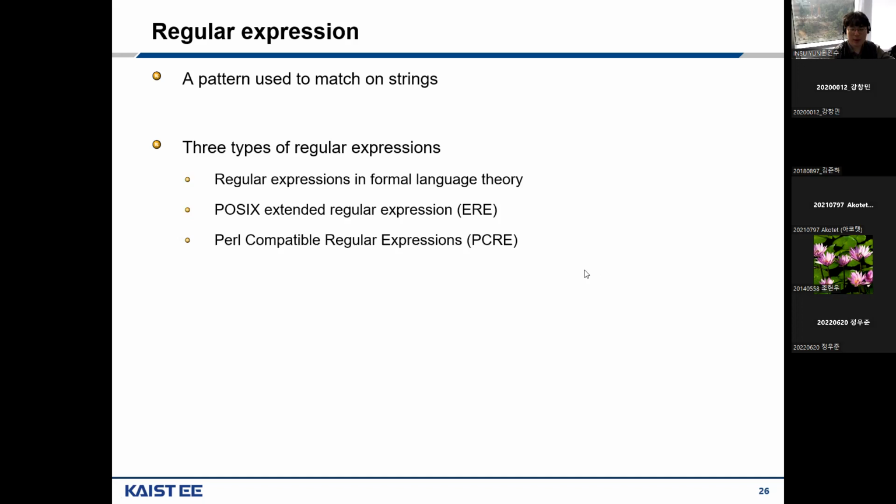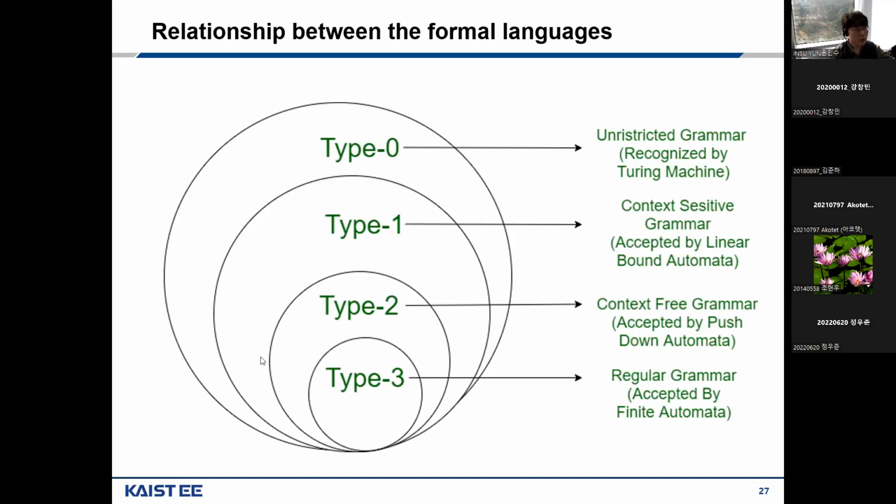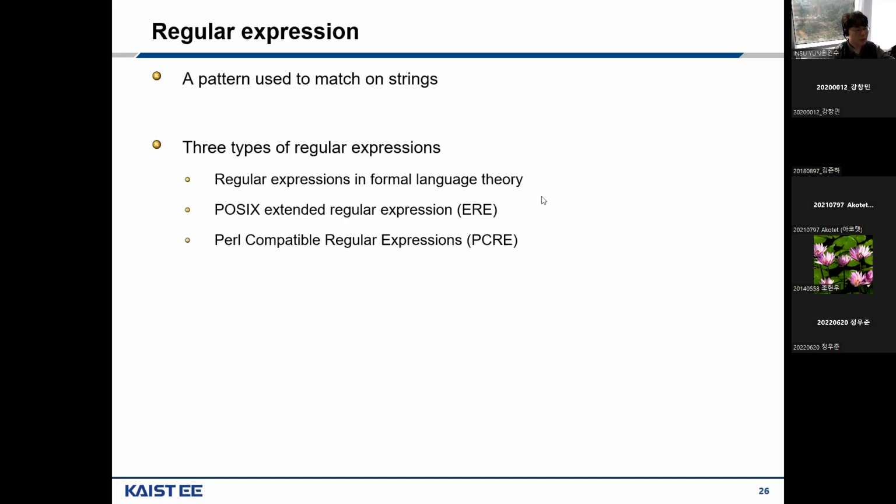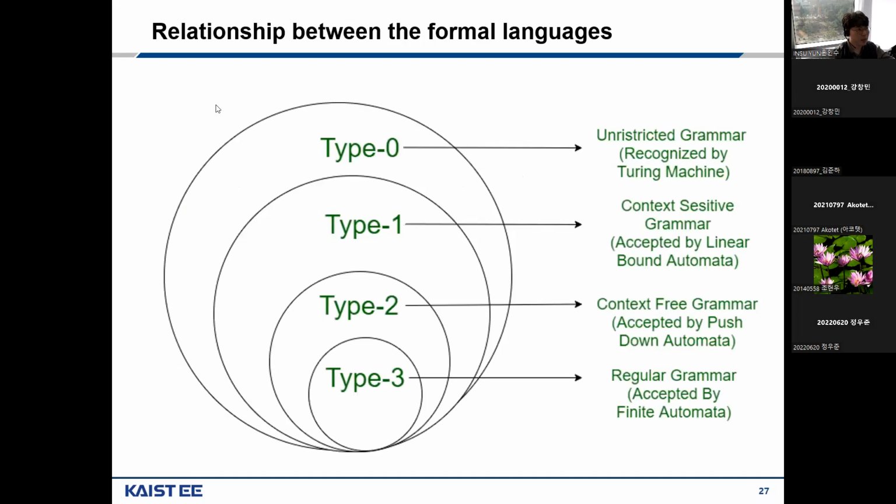When you write a program, normally we use this PCRE design. They have some relationship, though I don't want to go into it: PCRE includes everything inside ERE and the regular expression in formal language theory. So we usually use PCRE when writing a program, if you are not working with theory.